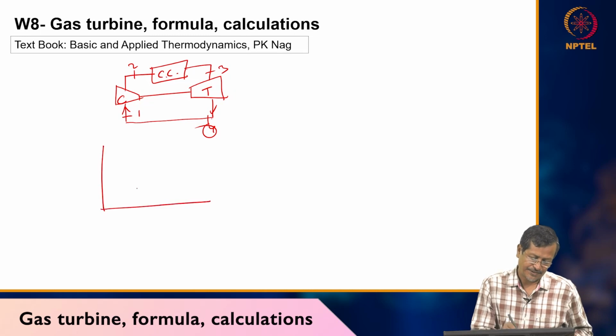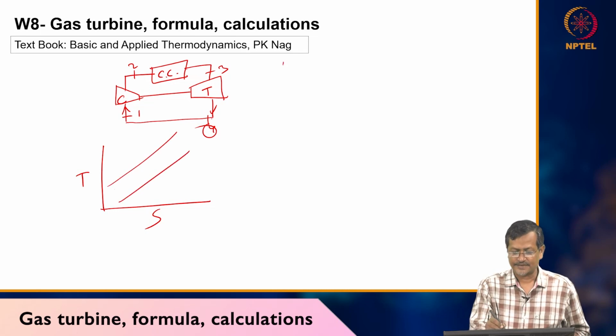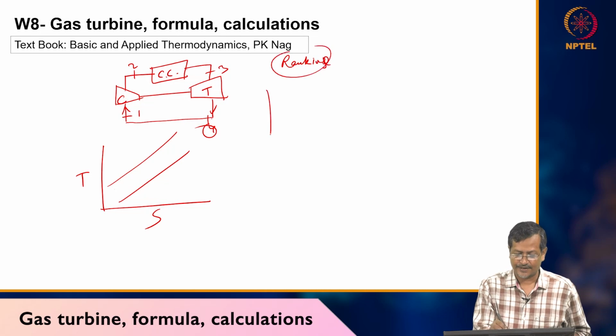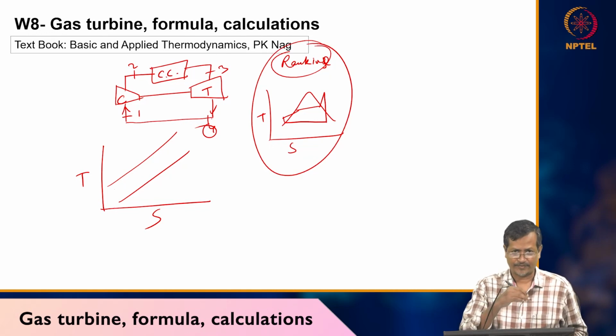Now the TS diagram will look like this. You can remember the Rankine cycle TS diagram we have drawn like this, but here my figure will not have the vapor envelope because we are not condensing anything.